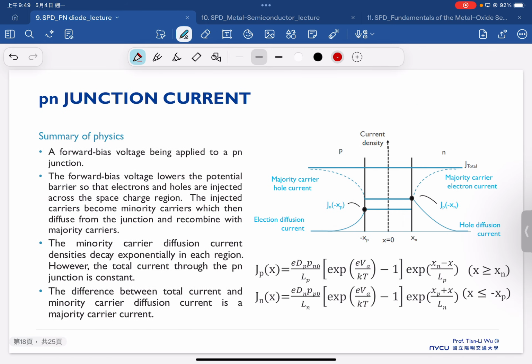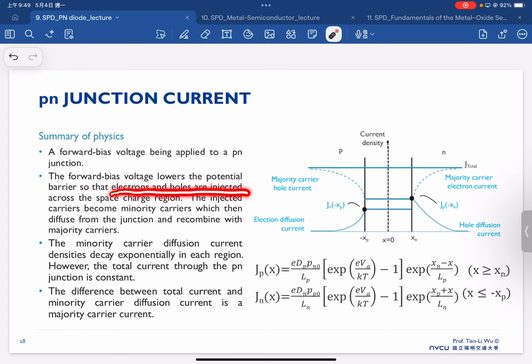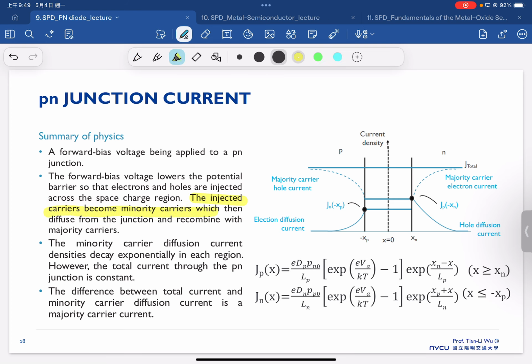So here is a summary of physics. When we have a forward bias being applied to a PN junction, the forward bias voltage will lower the potential barriers, so electrons and holes are injected across the space charge region. The injected carriers become minority carriers, which then diffuse from the junction and recombine with the majority carriers.